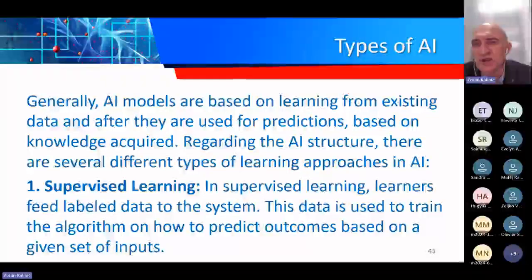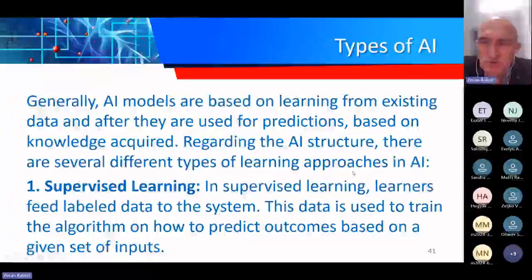So we are learning from existing data, and after we train our model, then we can use it for prediction of different outputs for unknown inputs. So there are a few major types of artificial intelligence approaches.